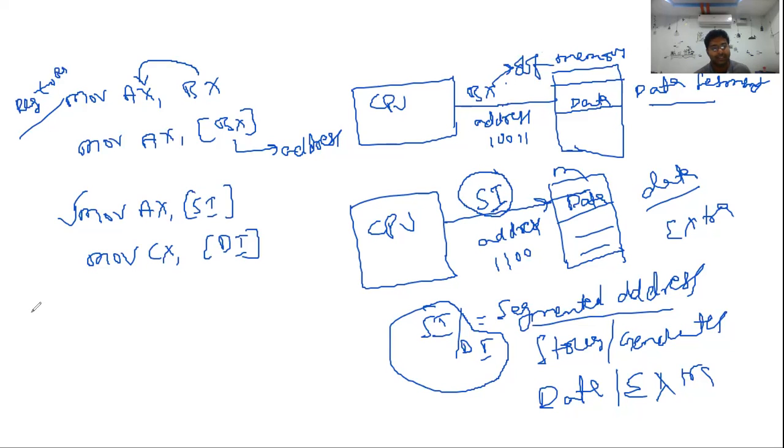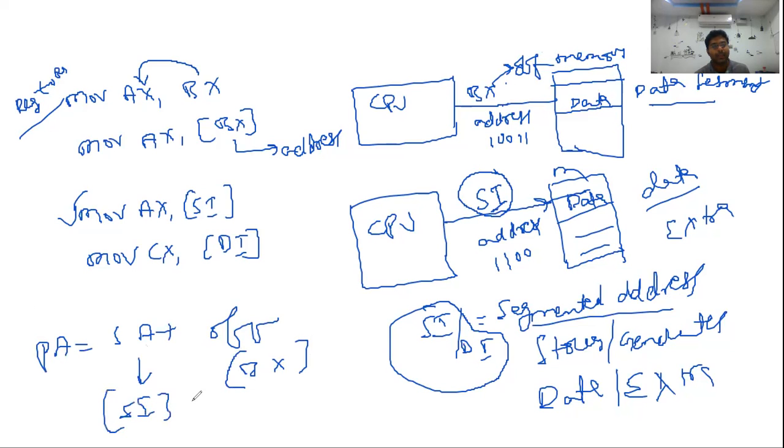You know that the physical address is the segment address plus the offset address. This BX represents the offset address. This SI, and DI, will represent the segment address. That is the difference between this instruction and this instruction. That is the only difference. Okay.